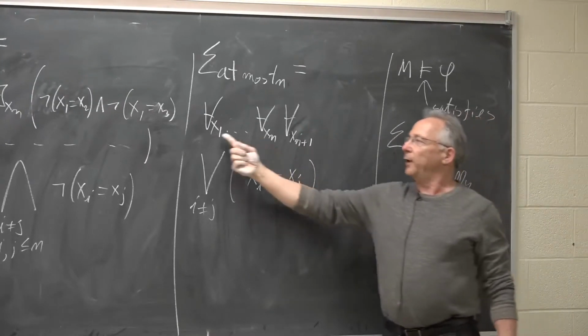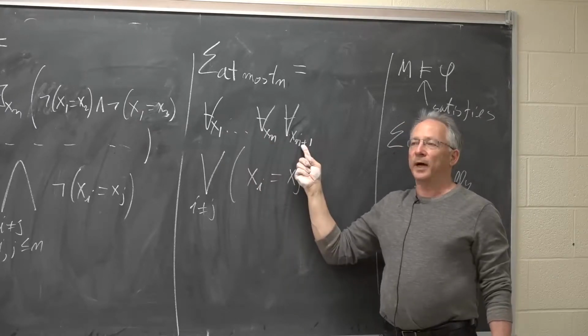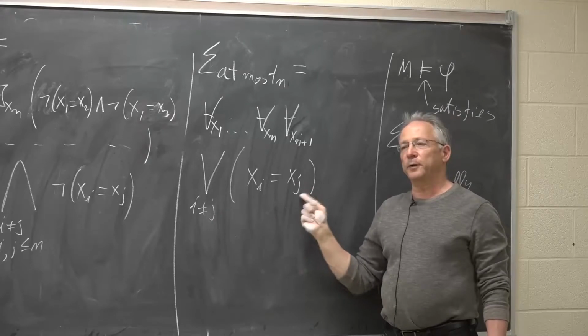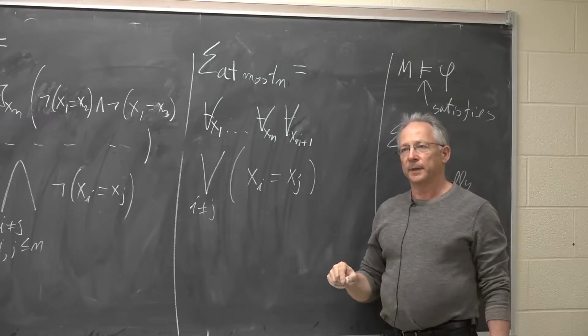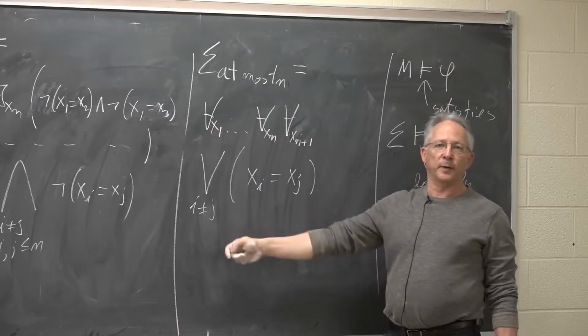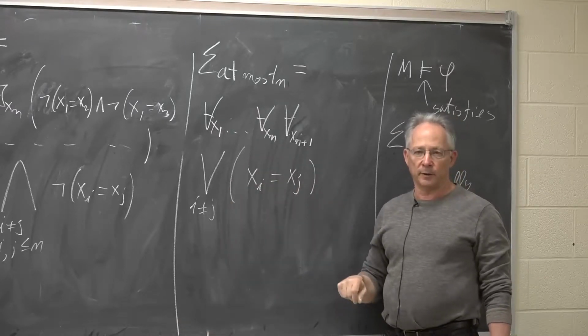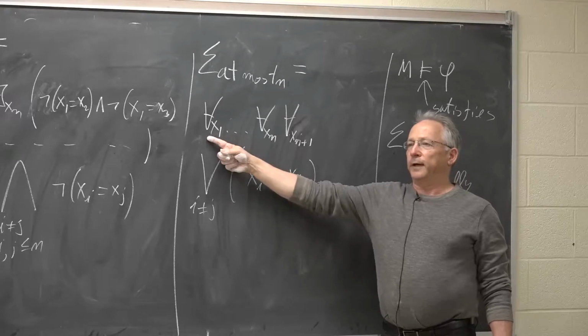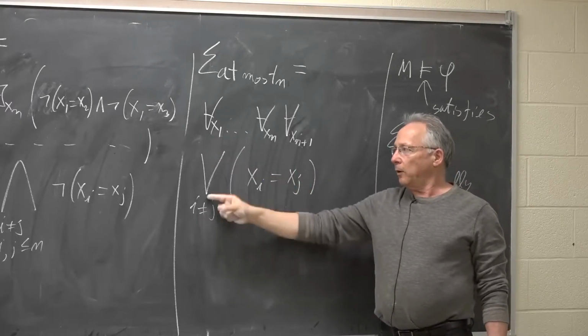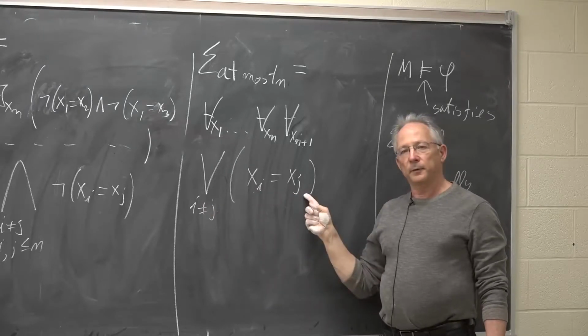Right? If I try to pick n plus 1 many elements, inevitably at least 2 of them will be the same. Either x1 will equal x2, or x2 will equal x3, or x1 will equal x7, and so on. So if I try to pick n plus 1 elements, at least 2 of them, over all pairs, will be equal.